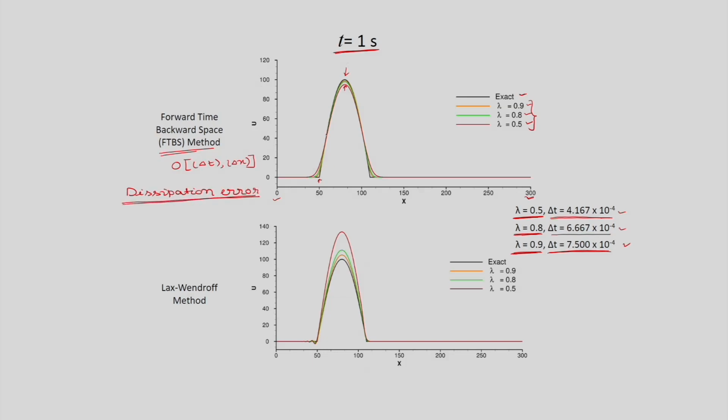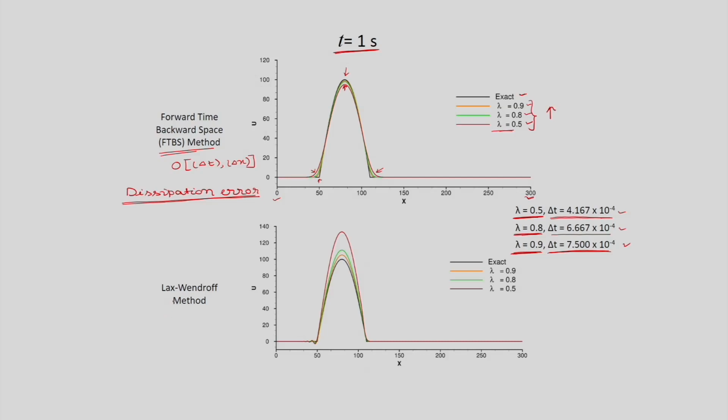You can see that from the exact solution there is some dissipation error and a deviation. This is for lambda equal to 0.5, and when you increase the lambda, it goes to the exact solution.